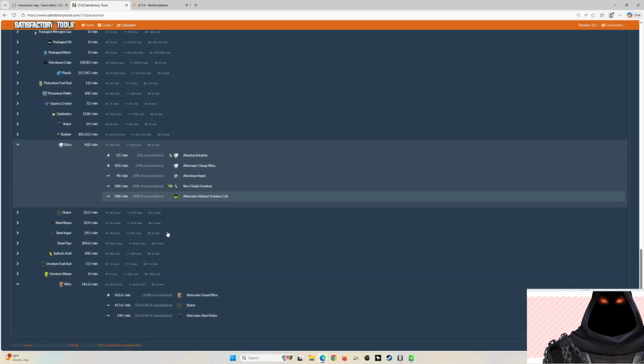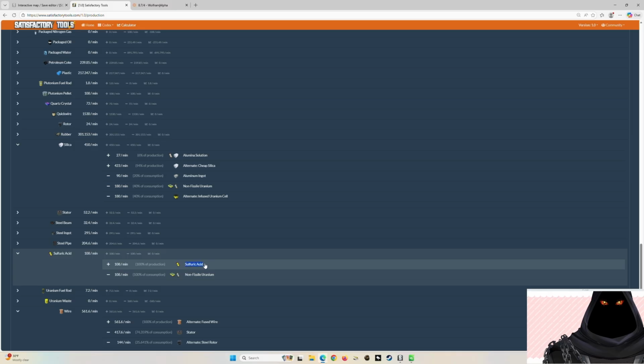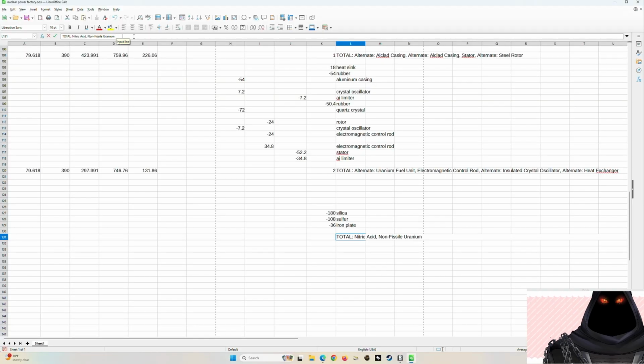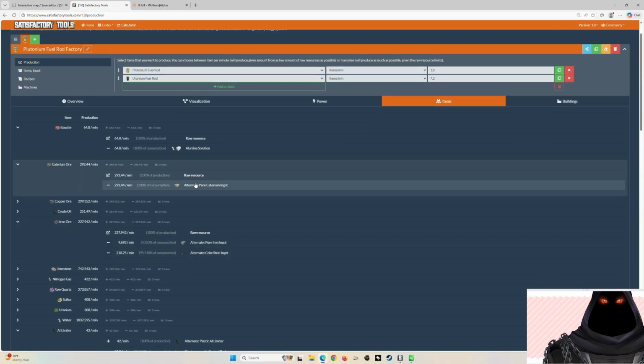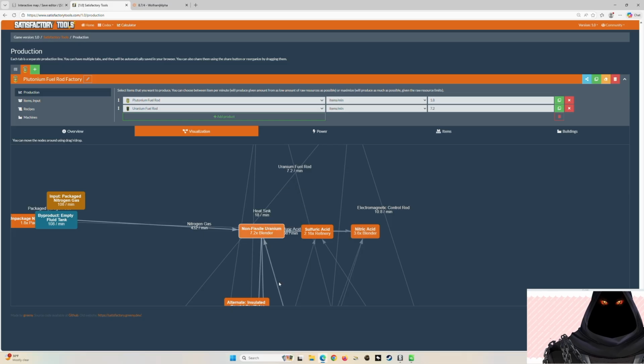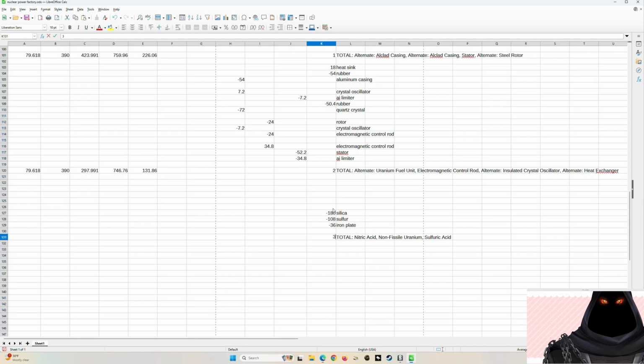Non-fissile uranium, and then we have sulfuric acid. Okay. And I should be able to do this in 3 blueprints the last time I... Yeah, three blueprints. Okay.